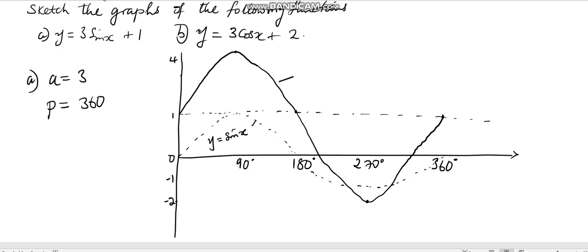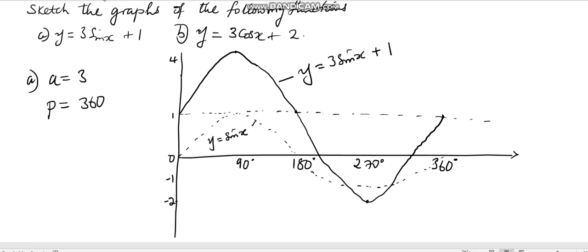So this here is the graph of y equal to 3 sine x plus 1 then. Okay, so let's look at the next function that we have to work with there.